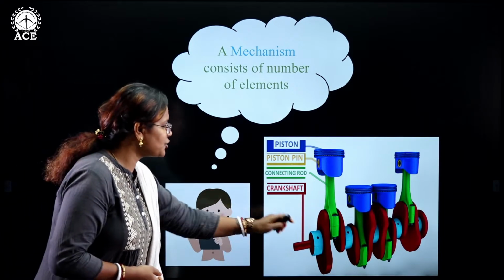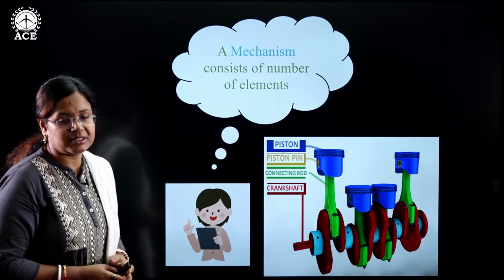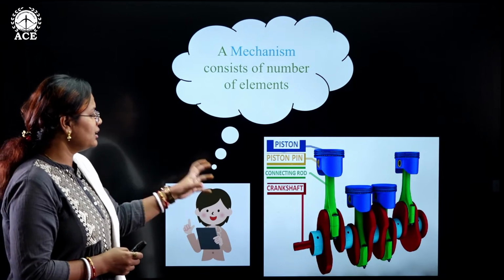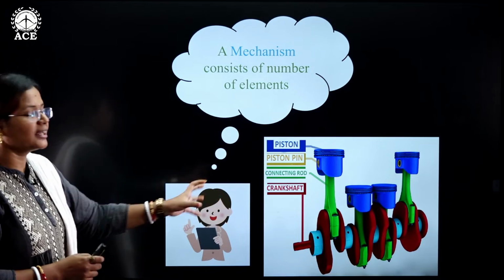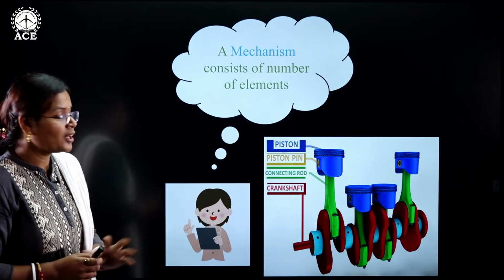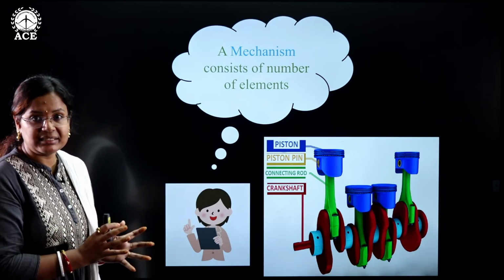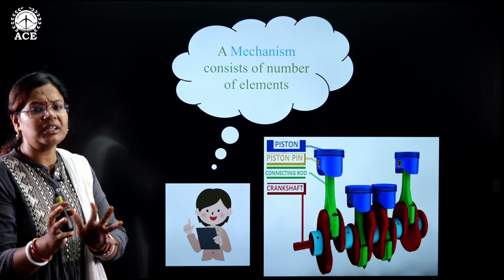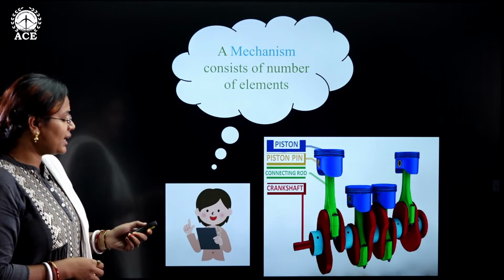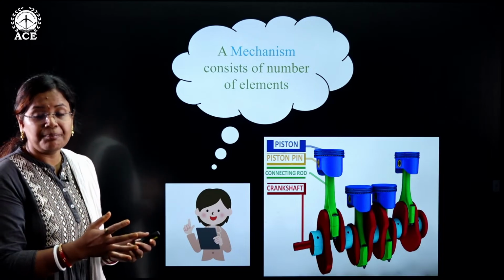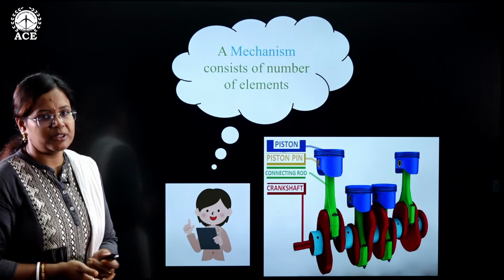This is the crankshaft on which you have the connecting rod, piston pin and the piston. There are four different elements mounted, and they give a certain work output. So this is making our work simple. This is just one of the mechanisms finally constituting to give us a larger output, giving us a machine. So I'll say that a number of elements make a mechanism, and a number of mechanisms constitute a machine.